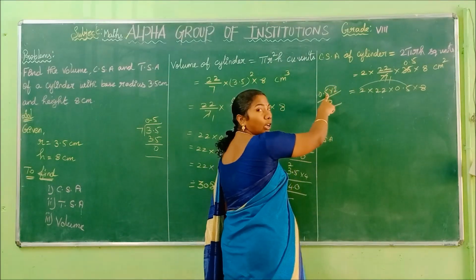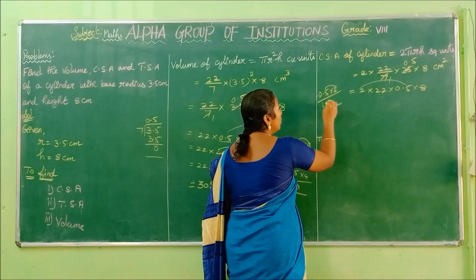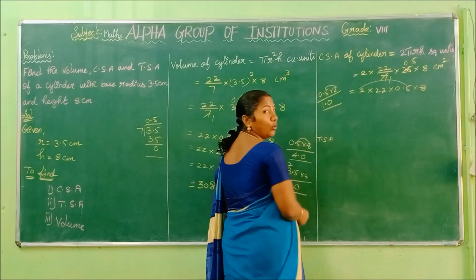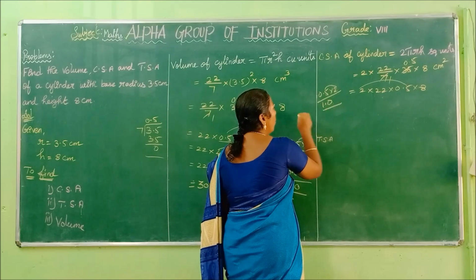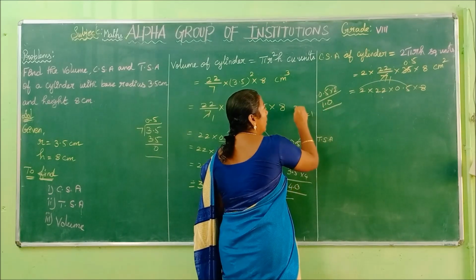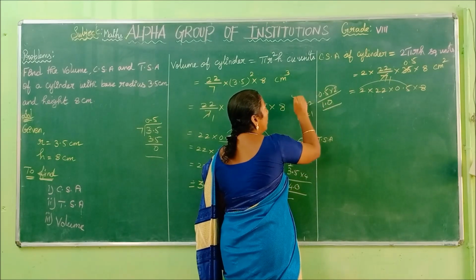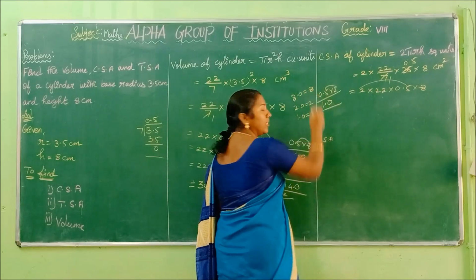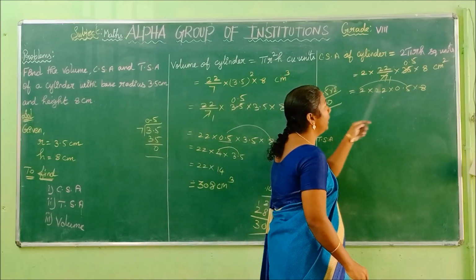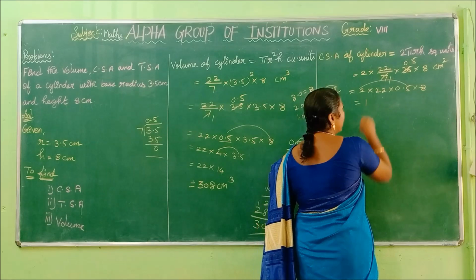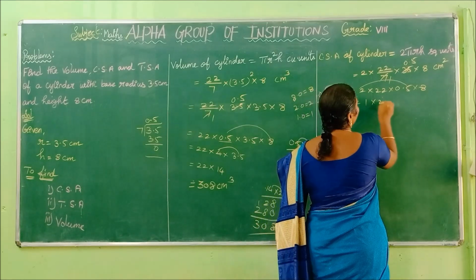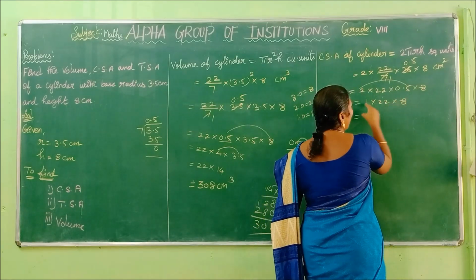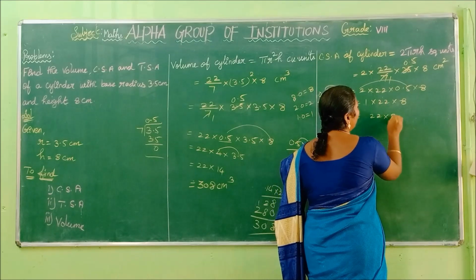After the decimal point you have one digit, so 1.0. 1.0 can be written as 1. 2.0 can be written as 2. 8.0 can be written as 8. So 2 into 0.5, your answer is 1, into 22 into 8. So 1 into 22, 22 into 8.